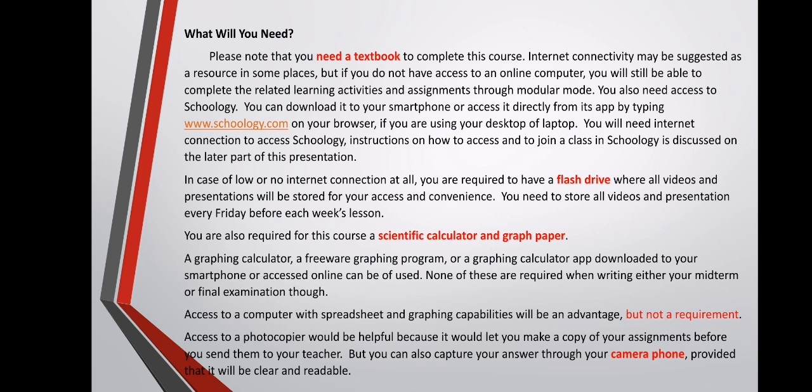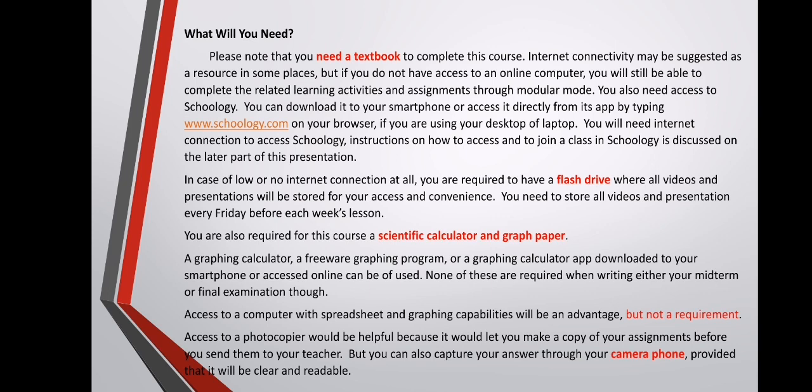You are also required for this course to have a scientific calculator and graph paper. A graphing calculator, a freeware graphing program, or a graphing calculator app downloaded to your smartphone or accessed online can be of use. None of these are required when writing either of your midterm or final examinations though.